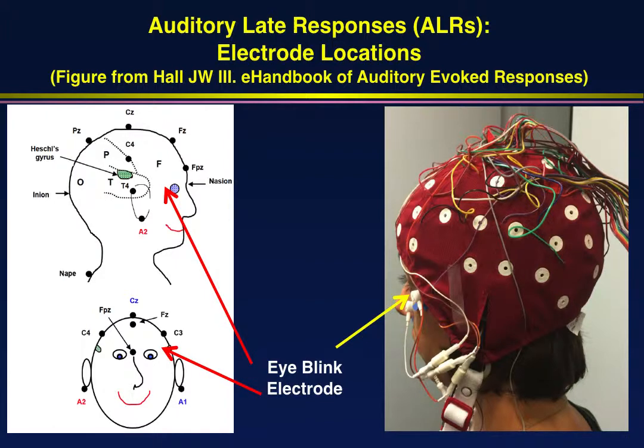You can get by with one non-inverting and one inverting, or linked earlobes, or nape of the neck. You can see the nape of the neck at the back of the figure at the top. And then it's very important to put an electrode near the eye so that you can rule out eye blink muscle potentials and not mistake them for the late response.